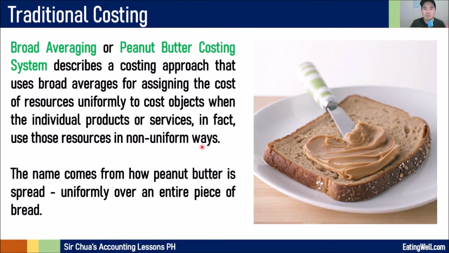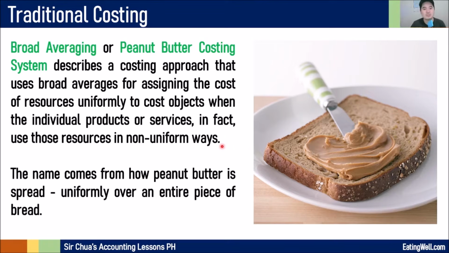We give them uniform allocation of our overhead cost when in reality, these resources are actually not being used by all of those products during the production process uniformly. So basically, those resources are used in non-uniform ways.